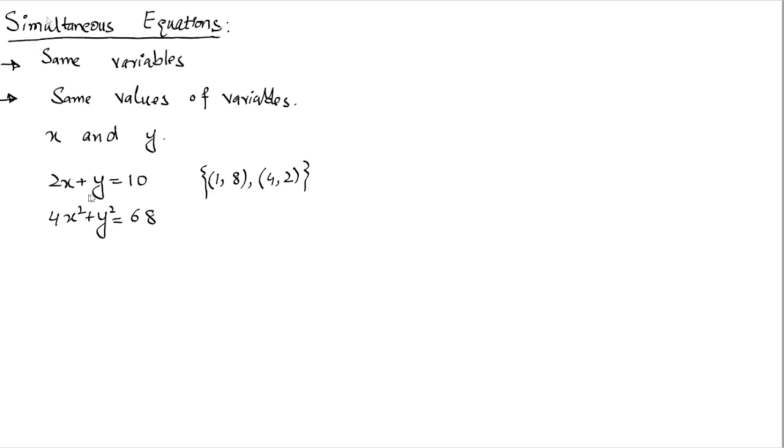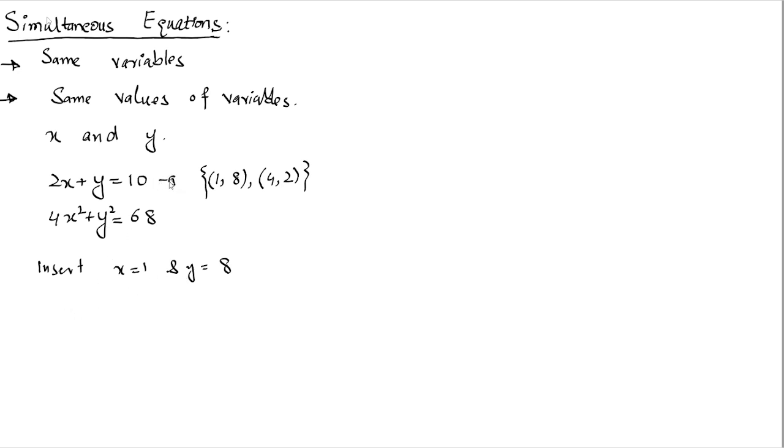Now these equations are constructed in the same variables x and y, and they are satisfied by the same values of x and y. Let's check whether x is 1 and y is 8 satisfies the equations.